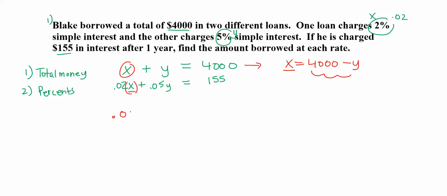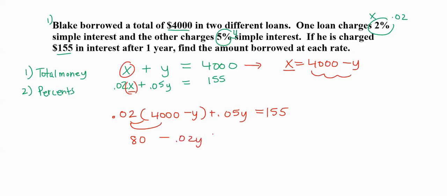So I get 0.02 times 4,000 minus y plus 0.05y equals 155. Let's clear parentheses next. So 0.02 times 4,000 is equal to 80 minus 0.02y plus 0.05y equals 155.